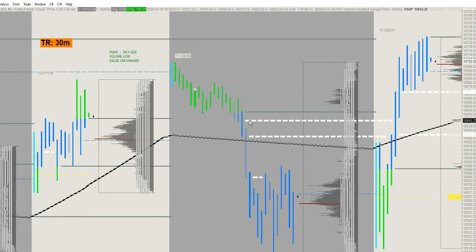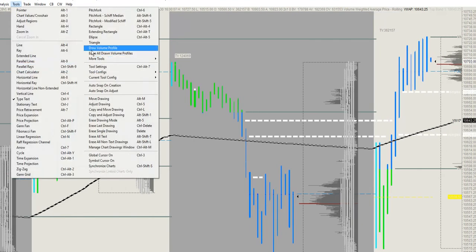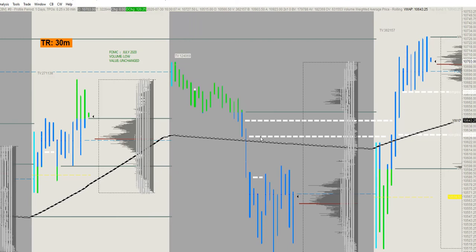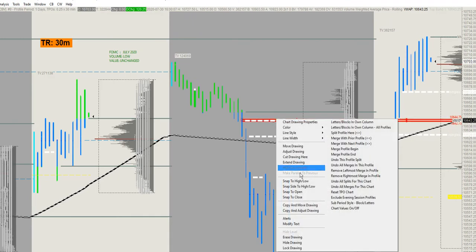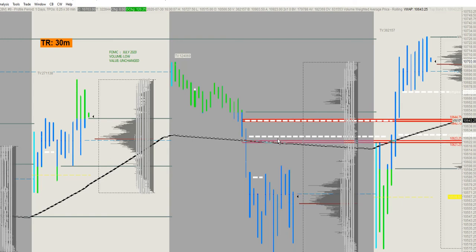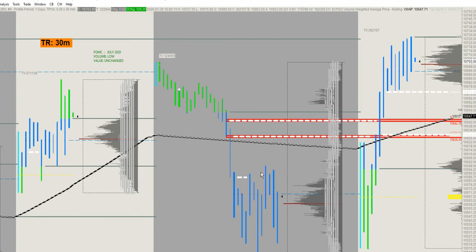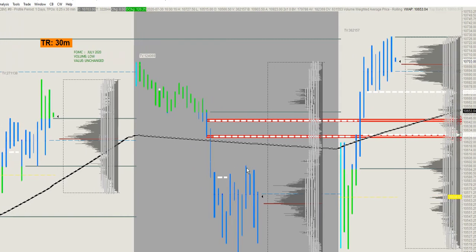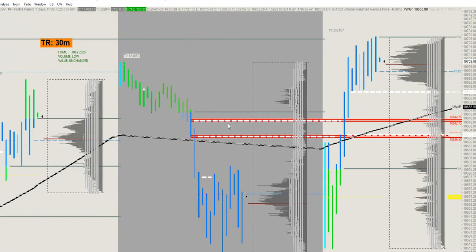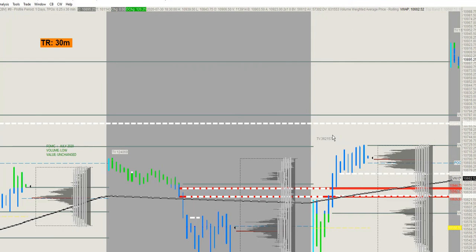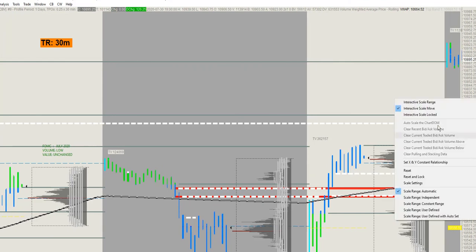What's important in the overnight is we had single prints. This was a single print, and that was a single print here. So we had two single prints here on the July 29th overnight. I like to identify these single prints because for me these are important areas to see how the market moves around them.